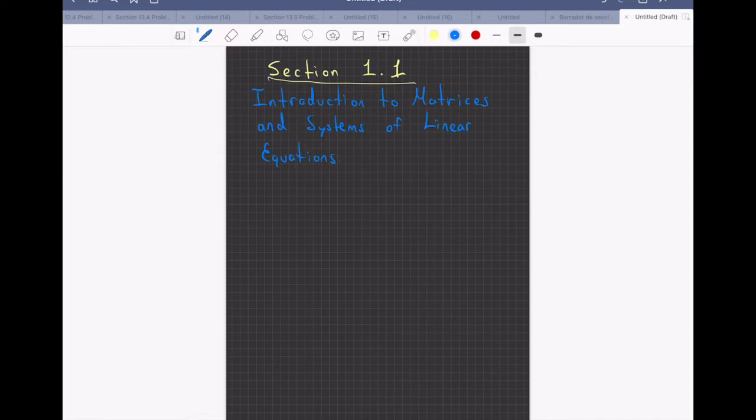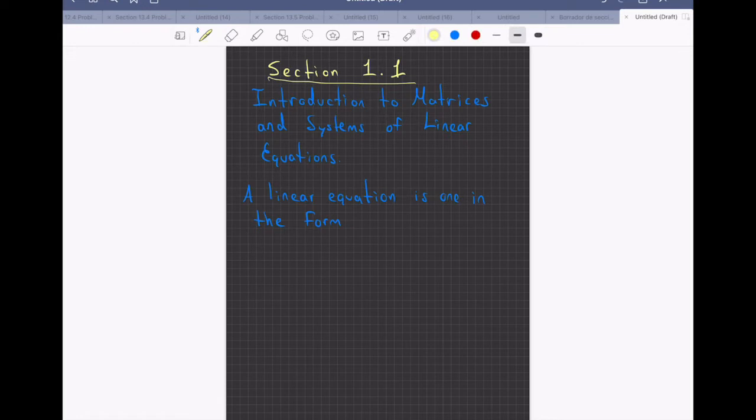All right, first, a linear equation is one that can be written in the form... Usually you see a linear equation.